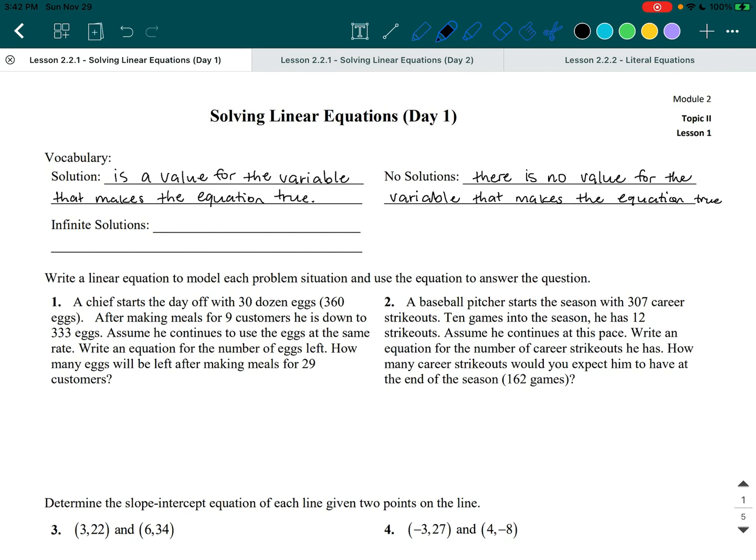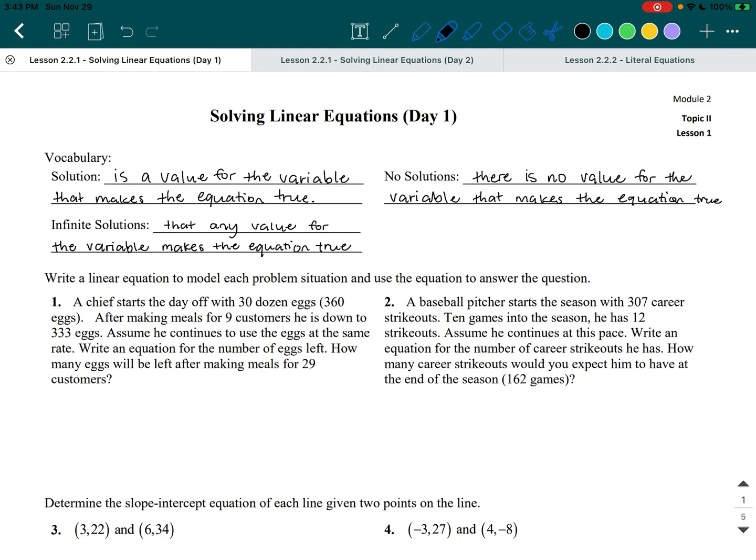And then there's also a situation called infinite solutions, and that means that any value for the variable makes the equation true. Okay?